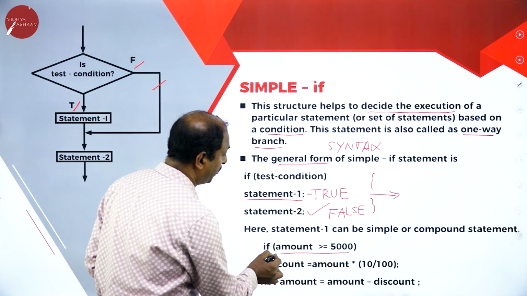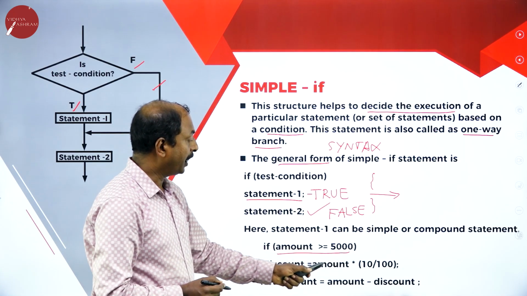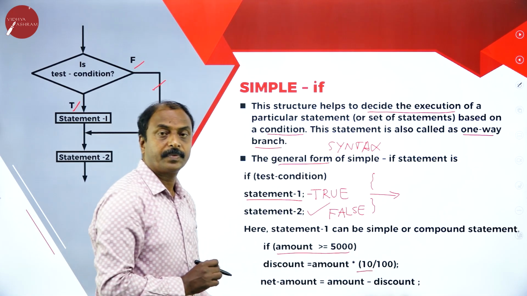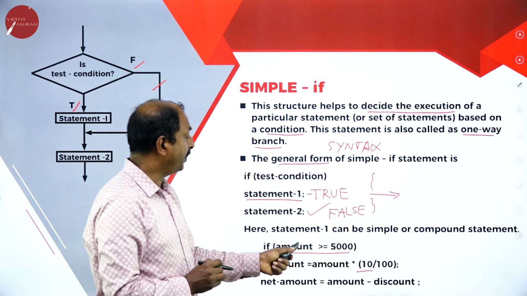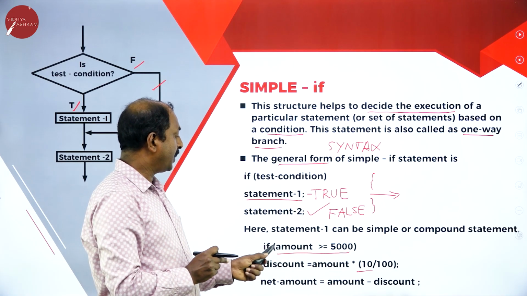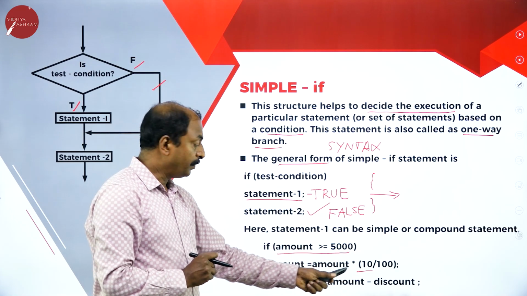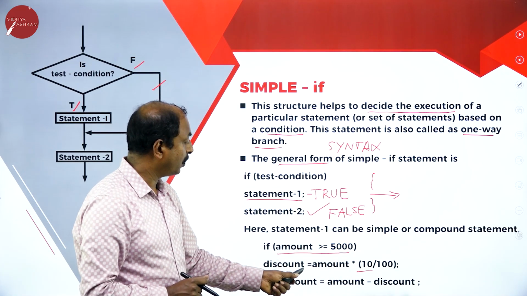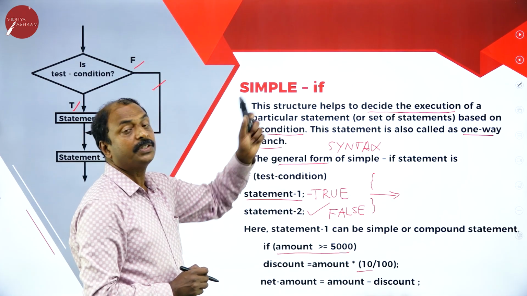If amount is greater than or equal to 5,000, it is going to calculate the discount at the rate of 10%. And it calculates only if the condition is true. If the condition is true, it executes this statement here, means it calculates the discount at the rate of 10%. That is a simple if statement.